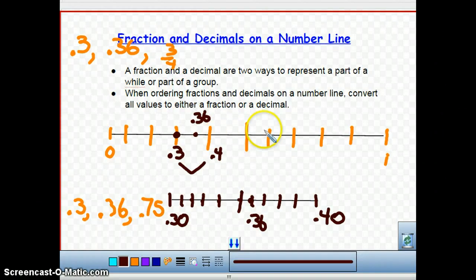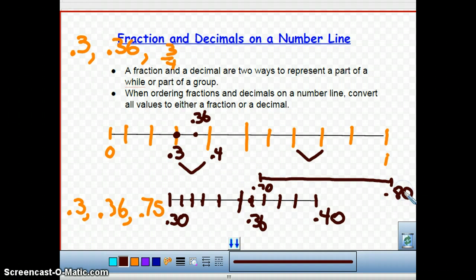Okay, here's my 4, 5, 6, 7. They said it's going to be between the 7 and the 8. So I can break it down into a number line. Here's my 7/10, here's my 8/10, but it's going to become 70/100ths and 80/100ths. 1, 2, 3, 4, 5, 6. 71, 72, 73, 74.